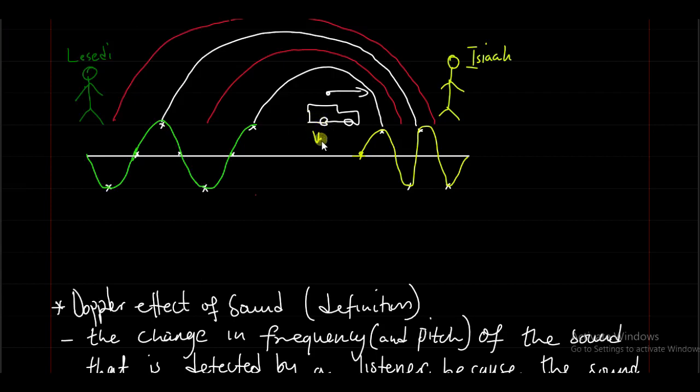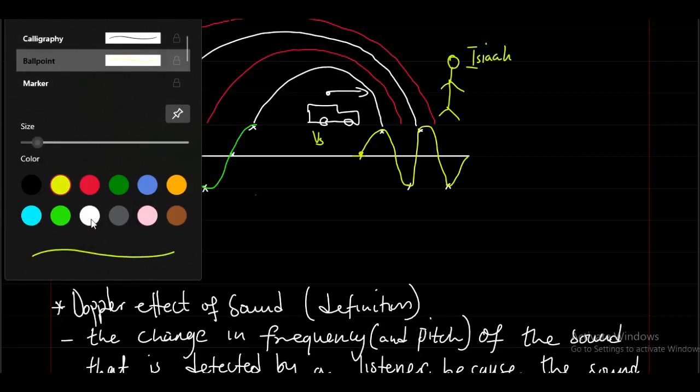The source of sound is moving, so v is the speed of the sound source. I'm sorry, it's not the speed of sound, it's the speed of the sound source.